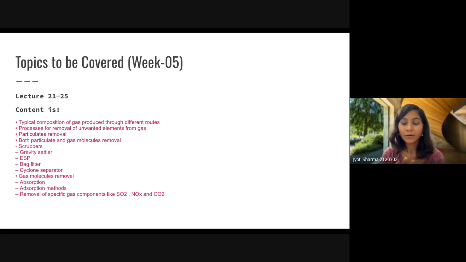So this will be covered under the removal of particulate matter. Then we will cover how we can remove various gases. So this can be done by absorption, adsorption, and like we do have different kind of absorbing material to remove SO2, NO2, and CO2. So we will try to cover this all.